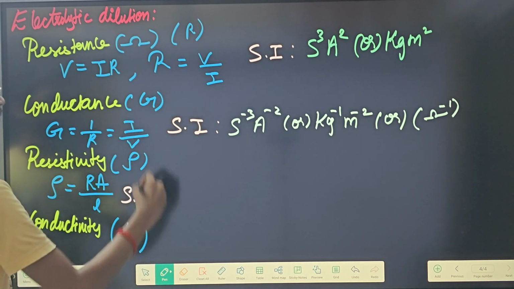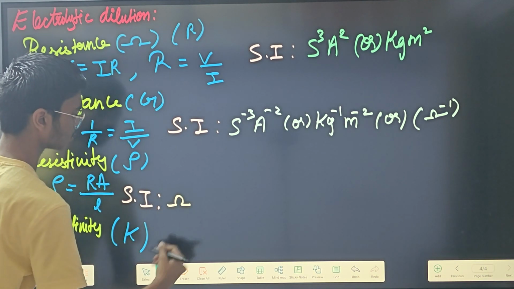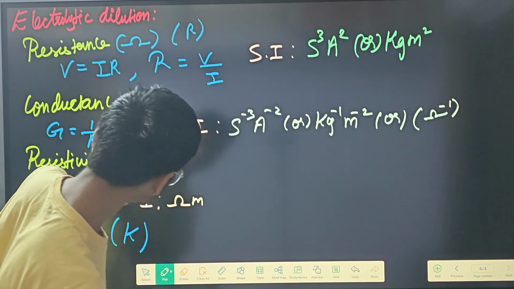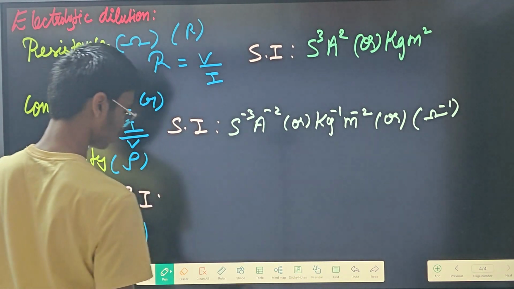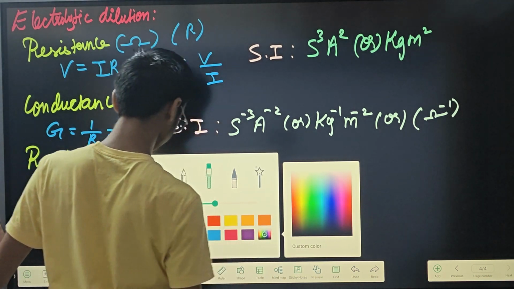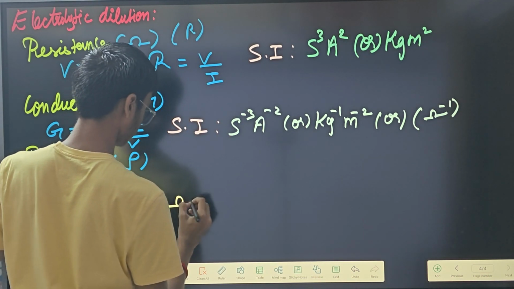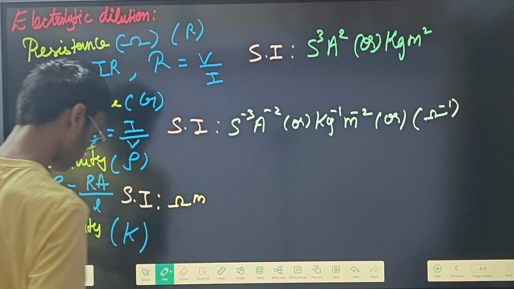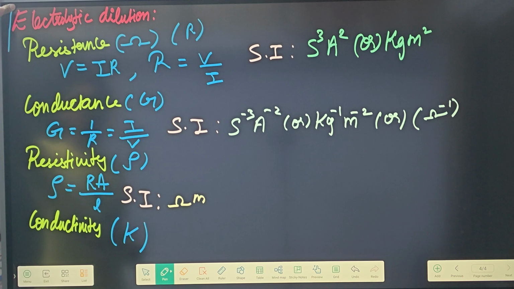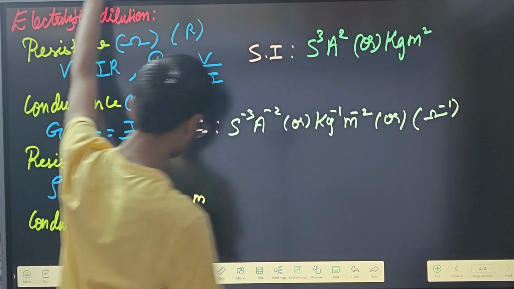Resistivity, right? It is going to be ohm meter. Well, in some places it is also said as ohm centimeter, but ohm meter is the SI unit.